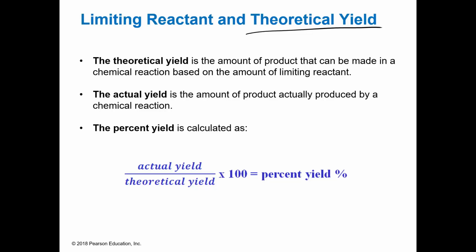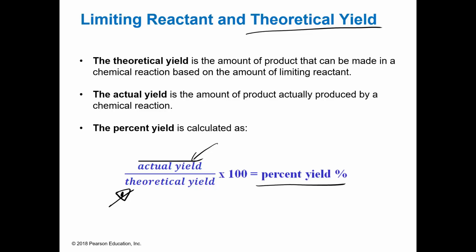So you can calculate a percent yield. First you calculate the theoretical yield: how much can I possibly produce with reagents A and B, but how much did I actually get? In theory you were supposed to get 100 grams, but you only got 80 grams, so that's an 80% yield, not 100%. That's what percent yield is.